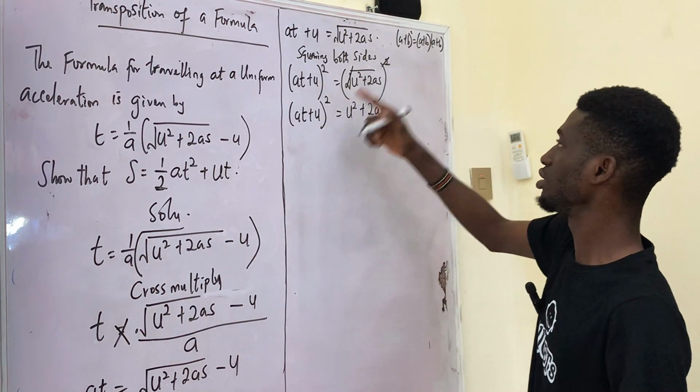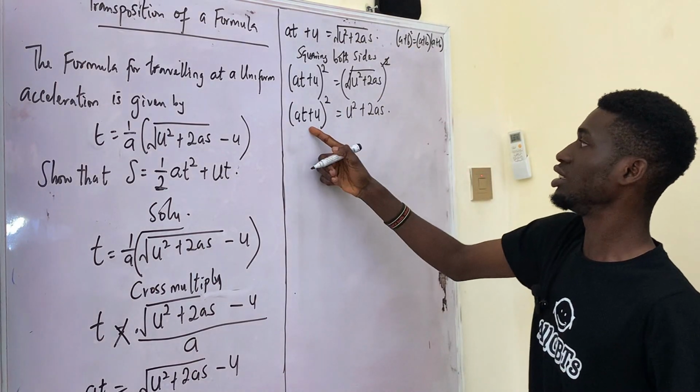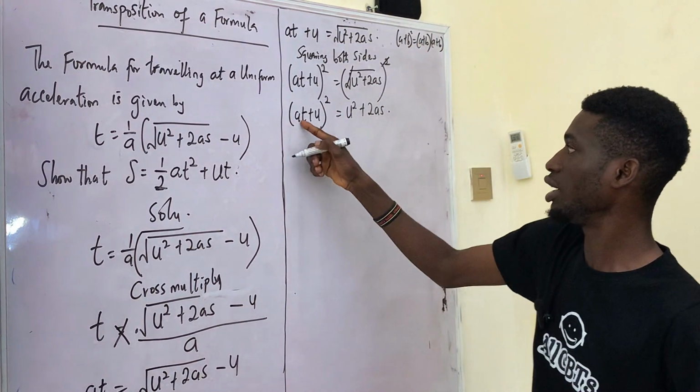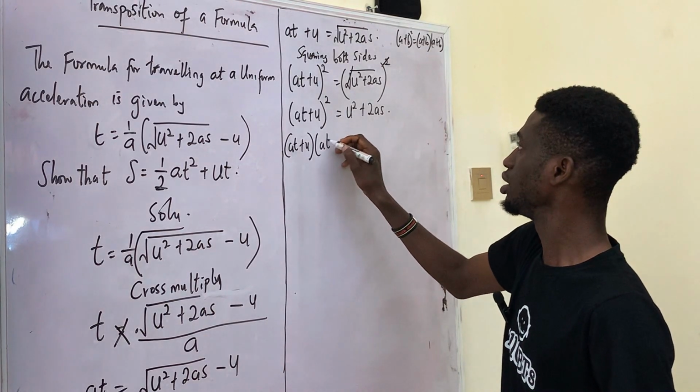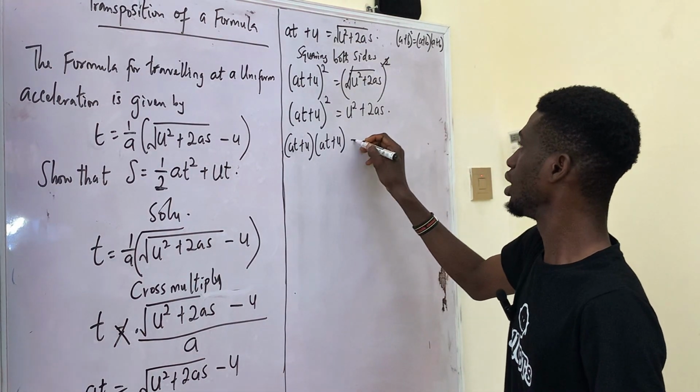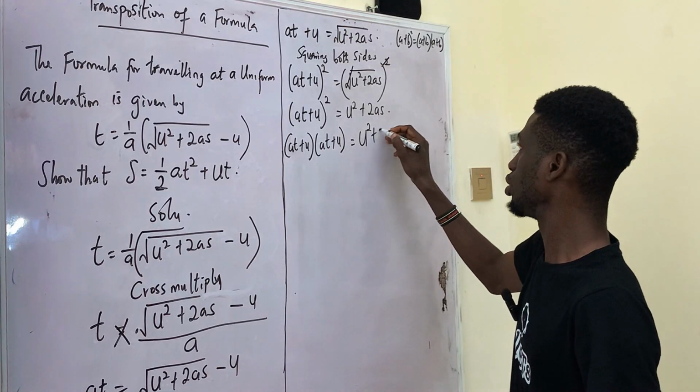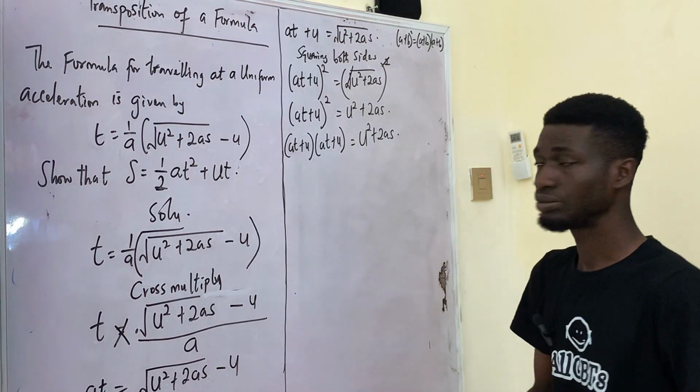So this can be written in this form. So here I'm going to have at plus u times at plus u equals u squared plus 2ax.